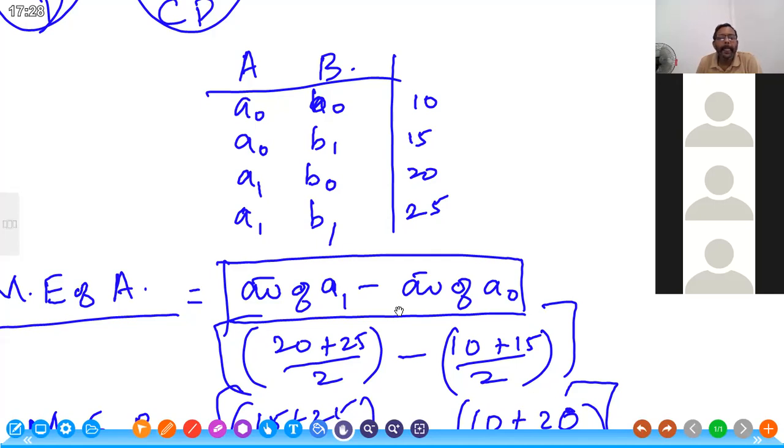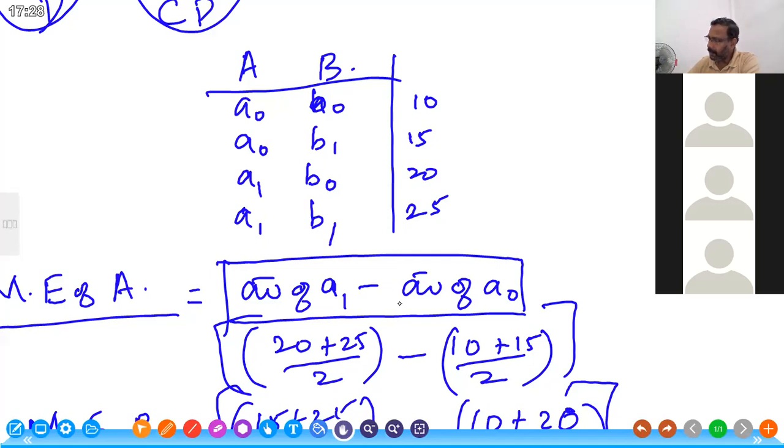If we compare both main effects, where the effect is high, there the interaction is high. Okay, good. Anyhow, your thought is good.